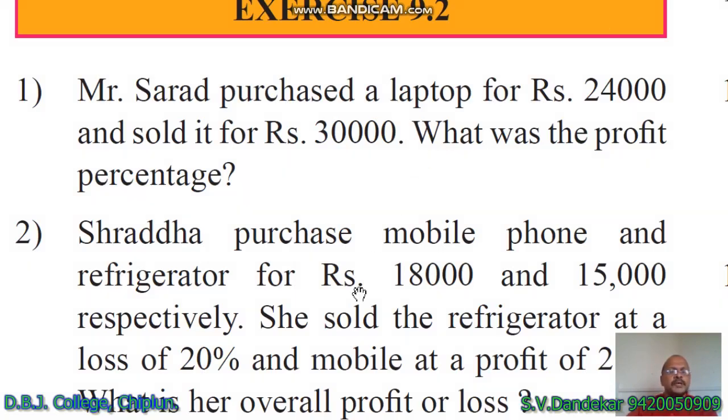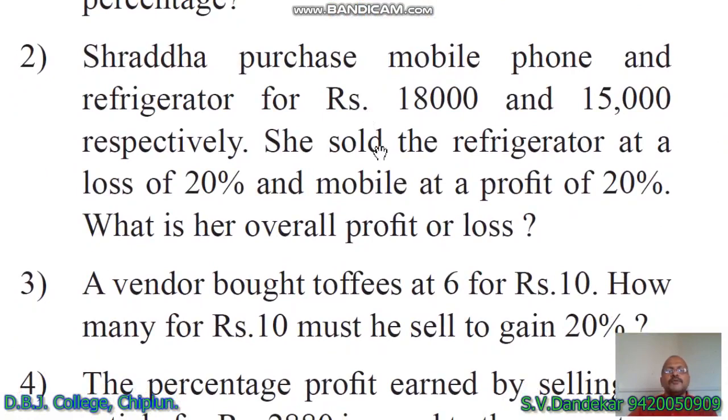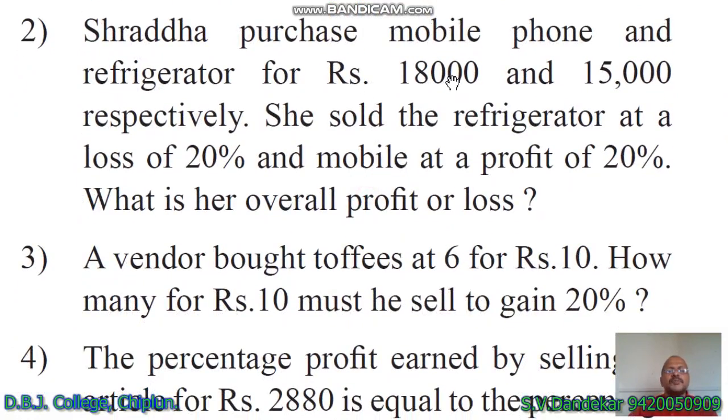Second one, Shraddha purchased mobile phone and refrigerator for rupees 18,000 and rupees 15,000 respectively. She sold the refrigerator at a loss of 20% and mobile at a profit of 20%. What is her overall profit or loss? Now in this case, on 18,000 there is profit of 20%.